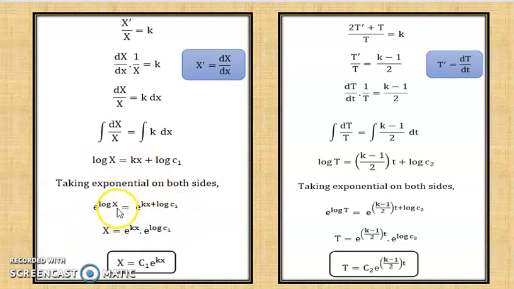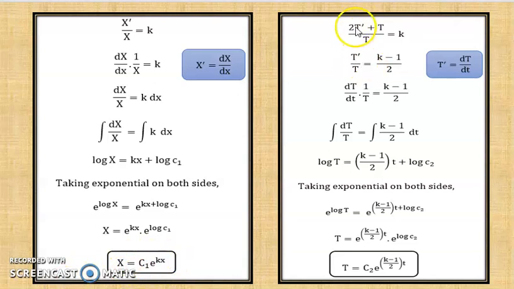We have e raised to log X is X and e raised to kx plus log c1 is same as e raised to kx into e raised to log c1. Therefore we have capital X equal to e raised to kx into e raised to log c1. e raised to log c1 is c1. Therefore we get capital X equal to c1 e raised to kx.